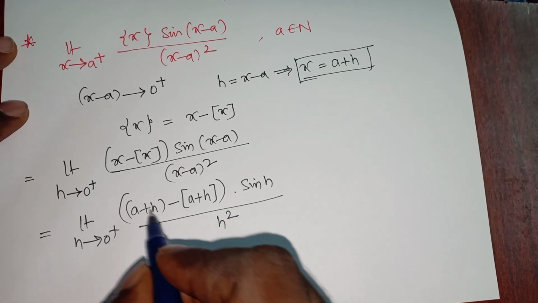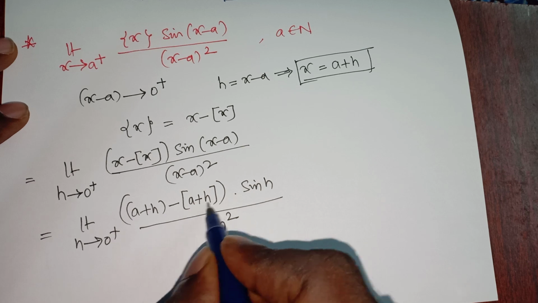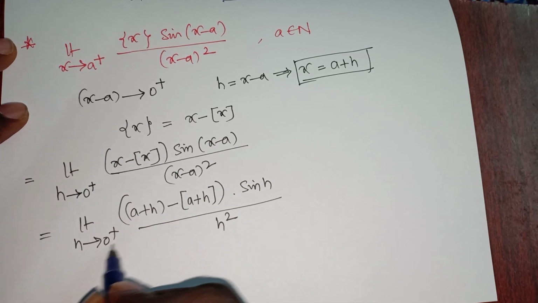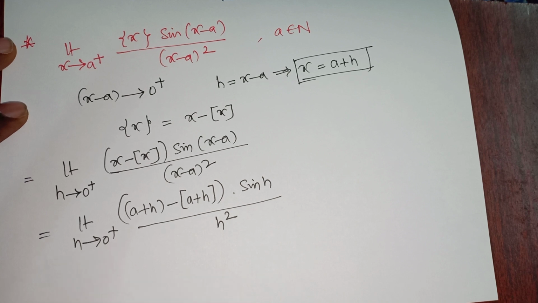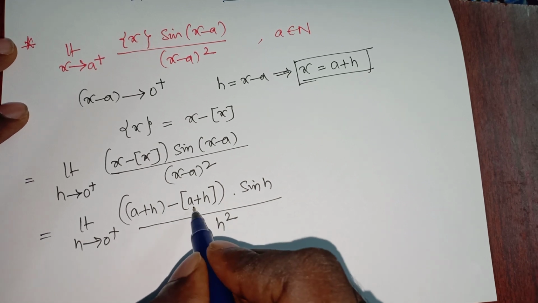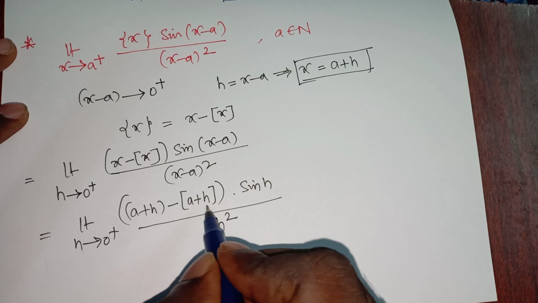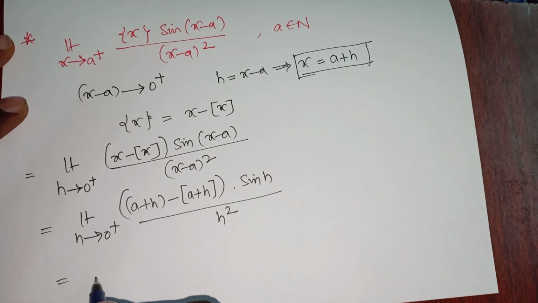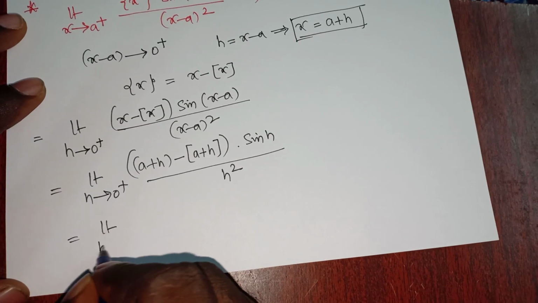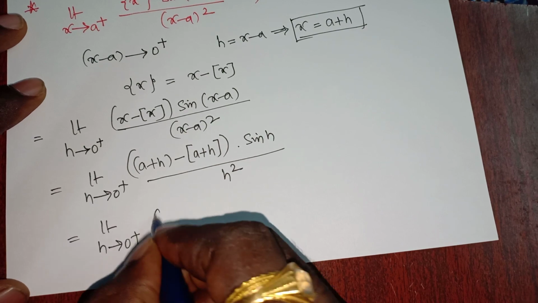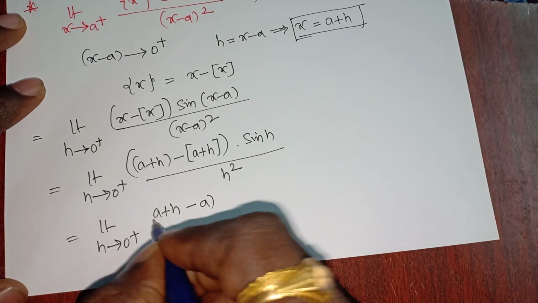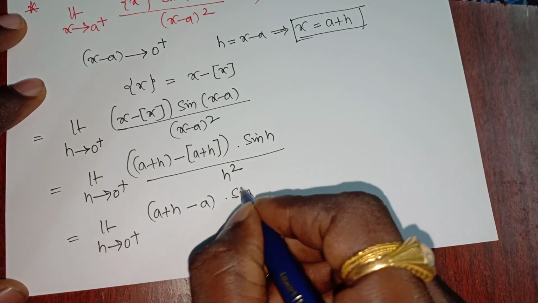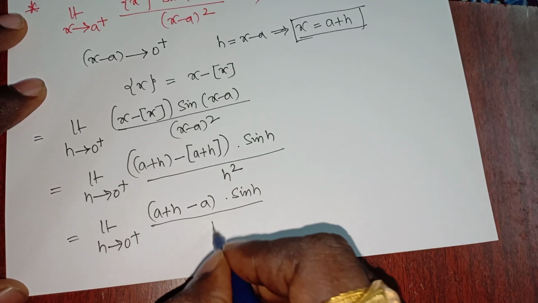Now [a plus h]: as h approaches 0 from the right side, a plus h approaches a from the right side, then what is the value of [a plus h]? That is a. Now limit h tends to 0 plus, (a plus h) minus [a plus h] is what? h, into sine h by h square.